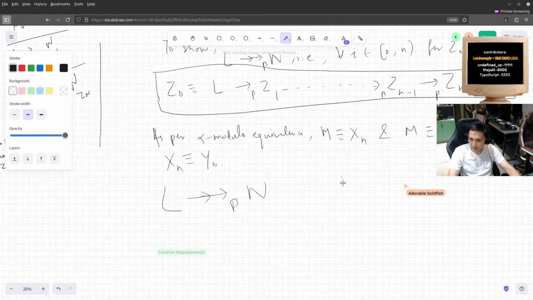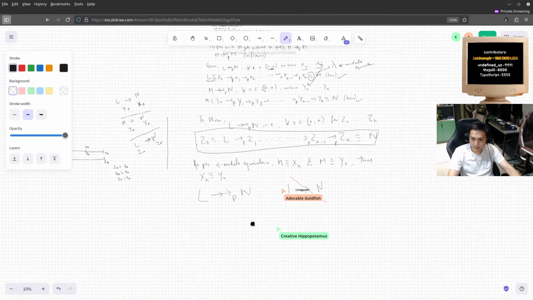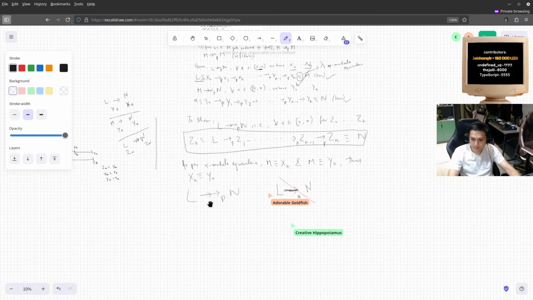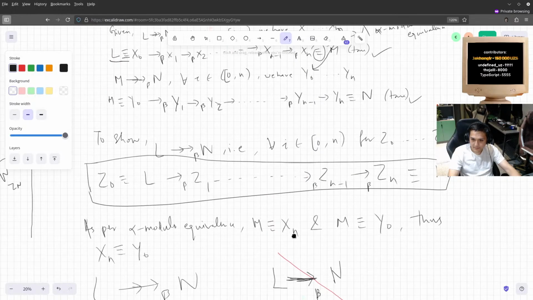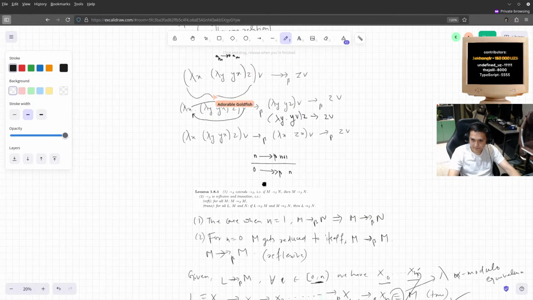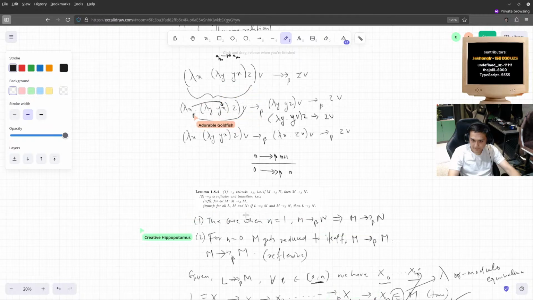Can we also say that L is beta reduced to n? Not the relation, but just one arrow. No, we cannot say that because L gets reduced to something else, in this particular example. If we go back to the example that we just did, in the first one we get reduced to this one.